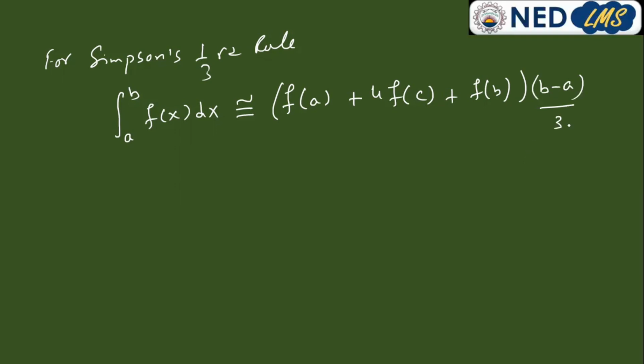Now you understand why it is called one third, because this 1 over 3 factor is taken out as a common factor. Just to distinguish, there is another Simpson method as well, which is called 3 by 8.